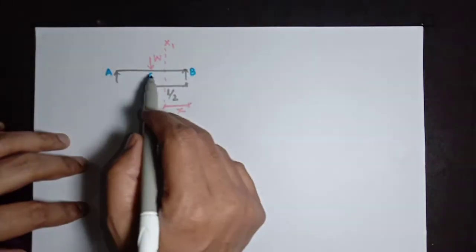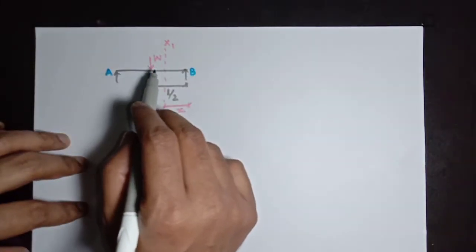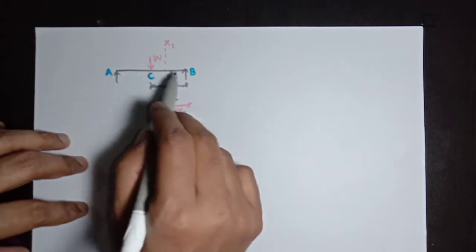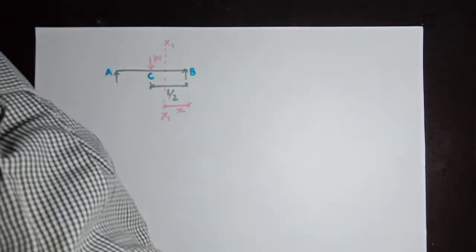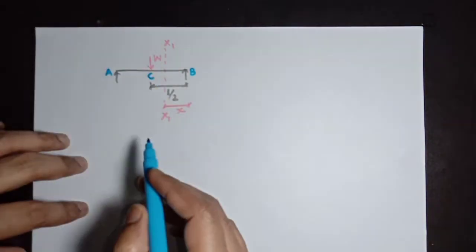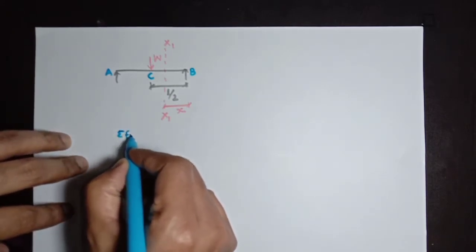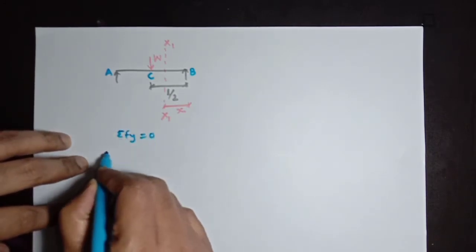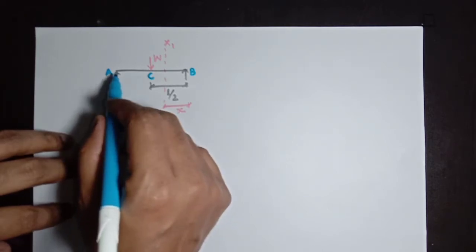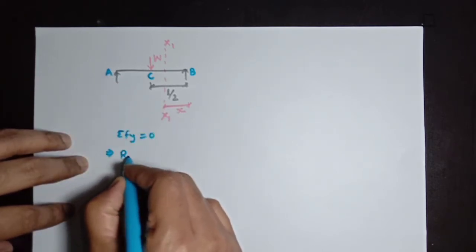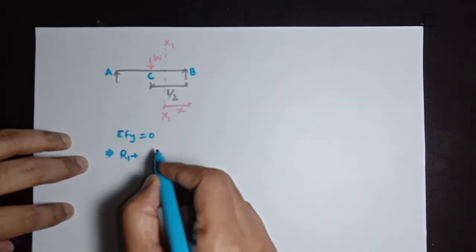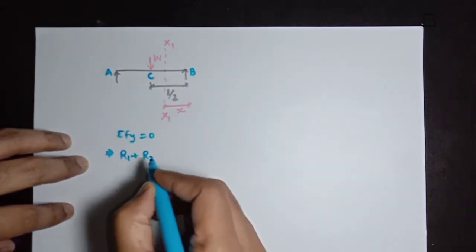Now load W, which is a point load, is acting at center of this beam. So from the equilibrium condition of vertical load, sum of Fy will be 0. Therefore, at point A there will be reaction R1, and at point B there will be support reaction R2.